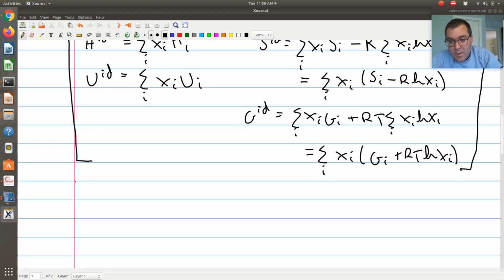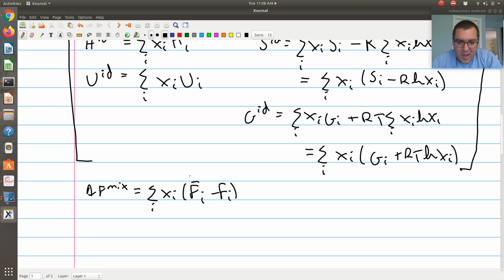Well, we said that in general, delta F of mixing is equal to the molar average of F bar i minus Fi, the sum over i of xi times (F bar i minus Fi).